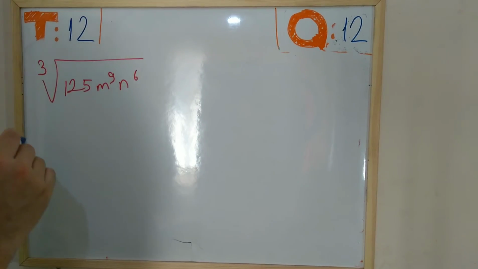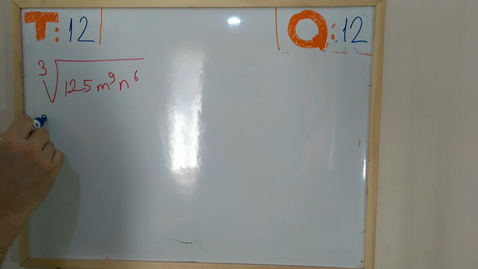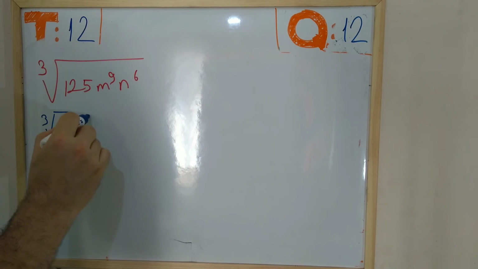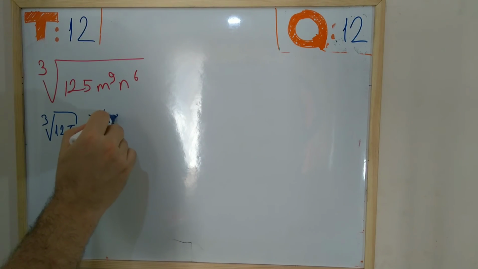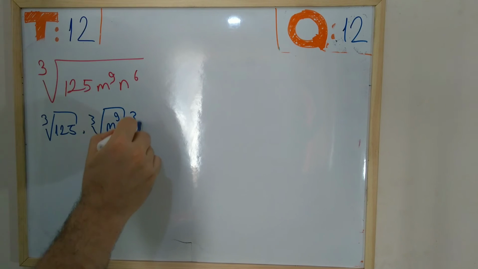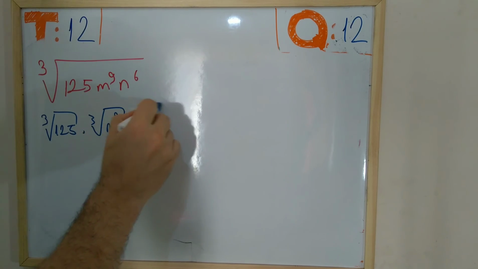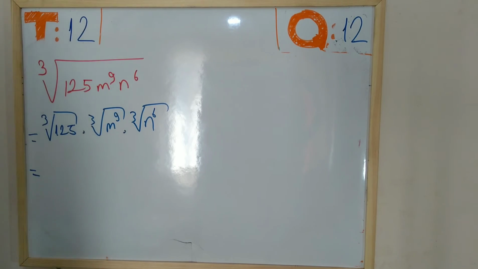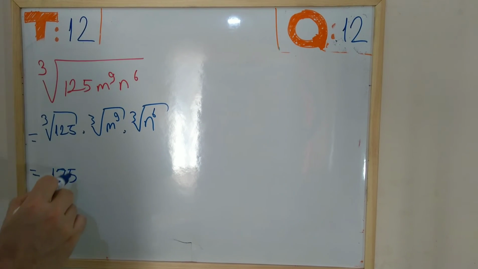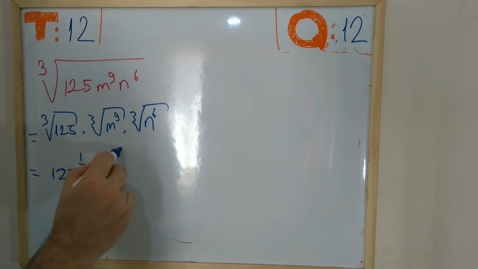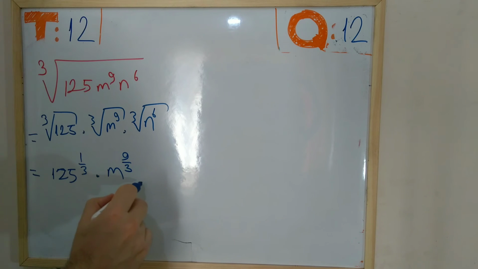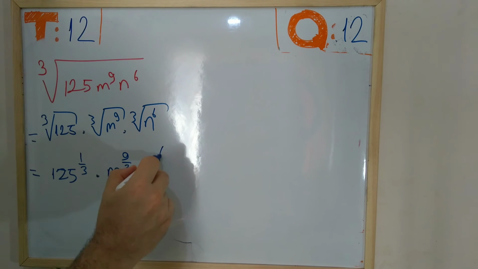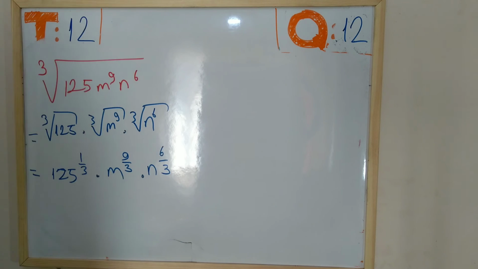Let's separate the equation first so that we can do it easier. This is equal to 3 cubic root of 125 times cubic root of m to the 9 times cubic root of n to the 6. Now this is equal to 125 to the power of 1 over 3 times m to the power of 9 over 3 times n to the power of 6 over 3.